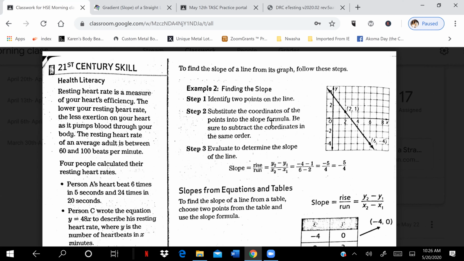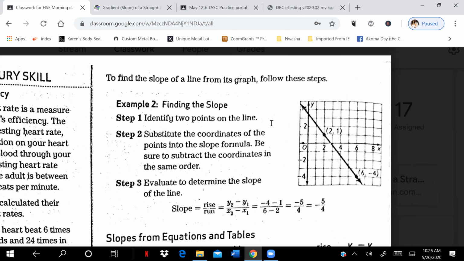So looking at step number 1, if you look at this line, there are some points that are, like if I tried to pick out a point right here, I have to guess about where this actually is on the grid. But if I pick a point that's perfectly on the line, then I can say this is 2, 1. I don't have to guess about it being like halfway in between one of the numbers.